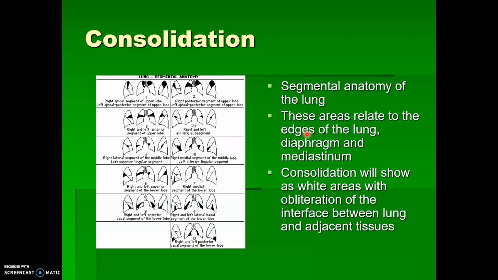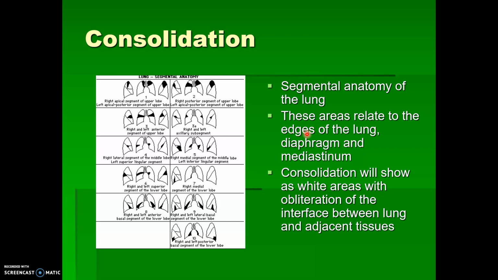Remember, the consolidation looks white. So middle lobe or lingular consolidations tend to lead to obliteration of the left or right heart border.